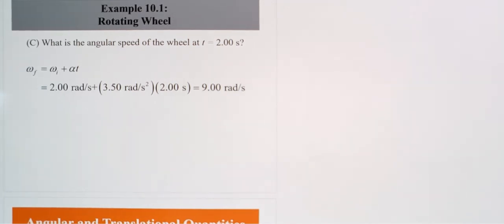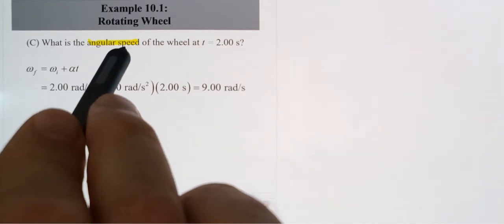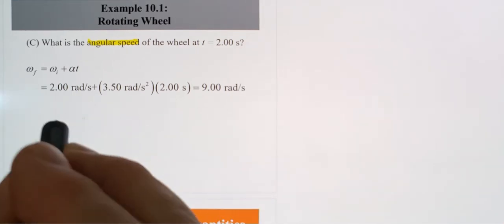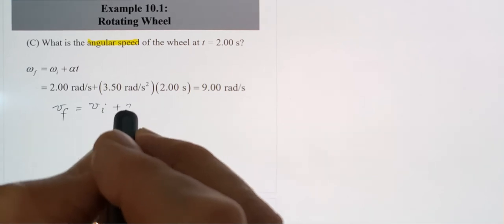Yes, C. What is the angular speed of the wheel at t equal to 2 seconds? Exactly. What is the old question before? Well, instead of angular speed, we would ask for what is the speed. So previously we would just use V final is equal V initial plus AT.